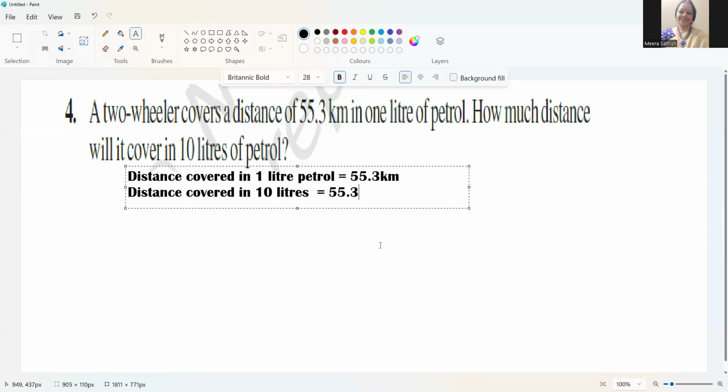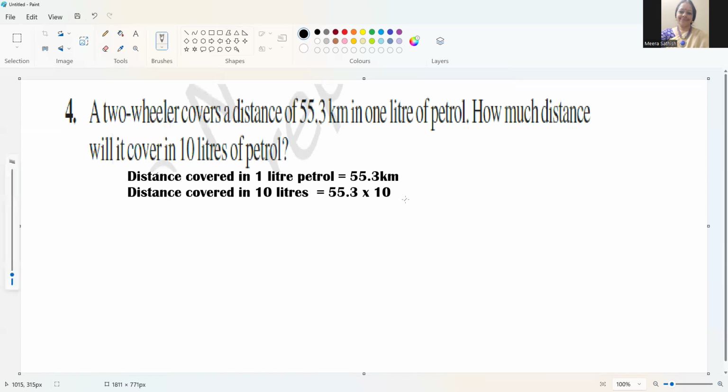Multiply 55.3 into 10. So what will happen? One decimal, one 0 cancels, 500 and 553. 553 kilometers. That's all.